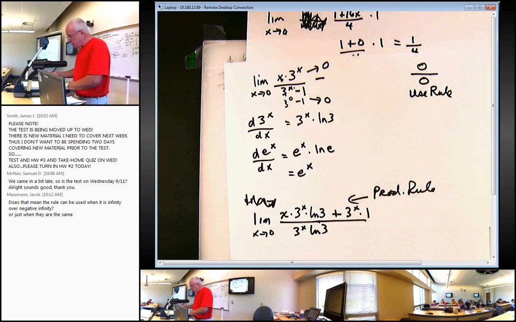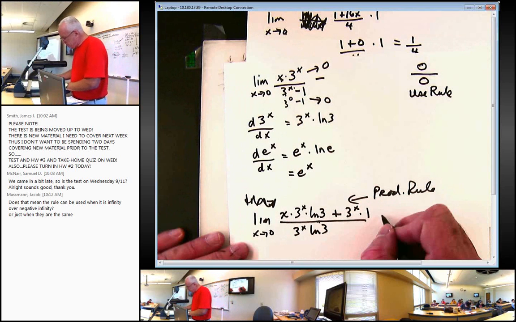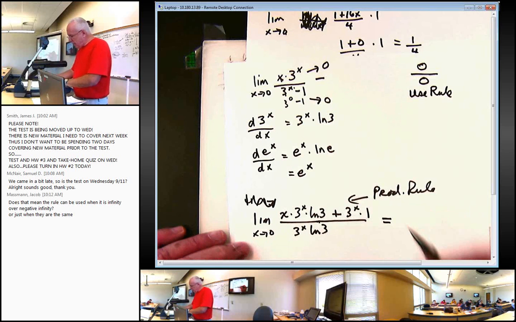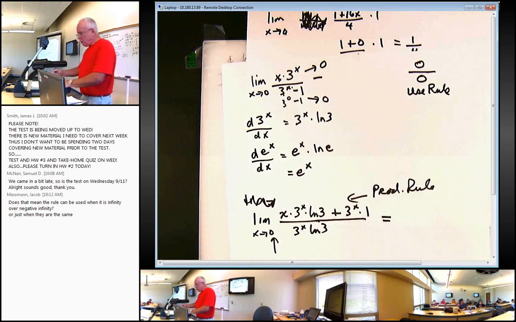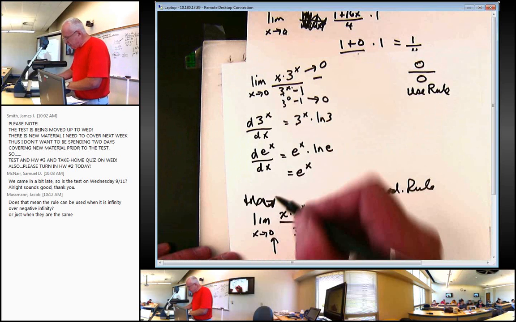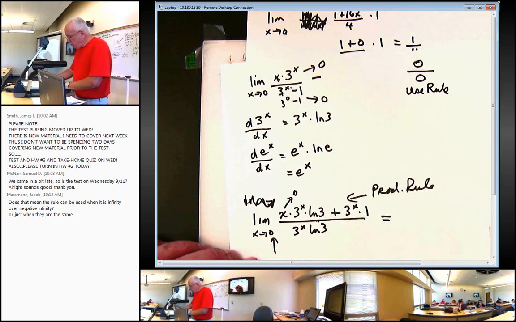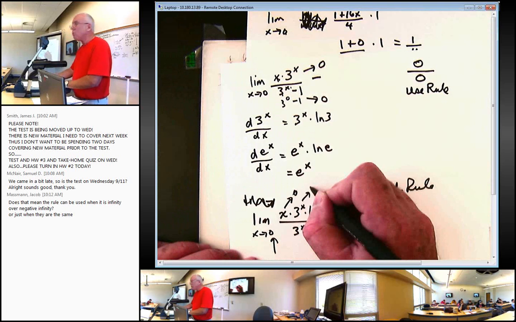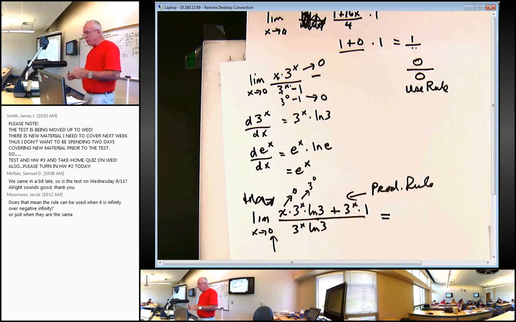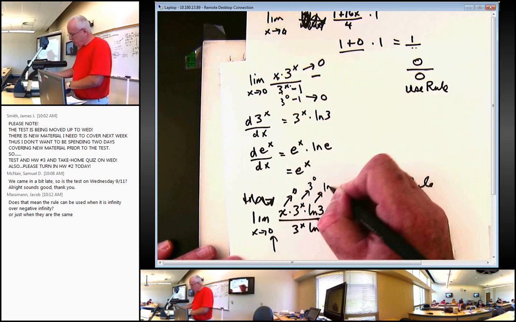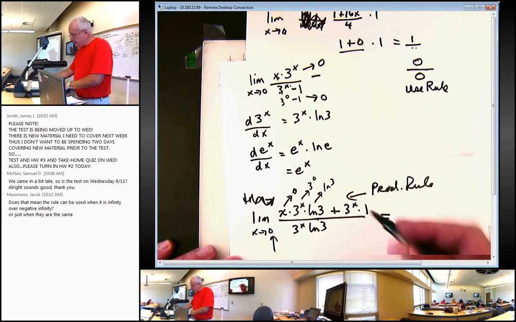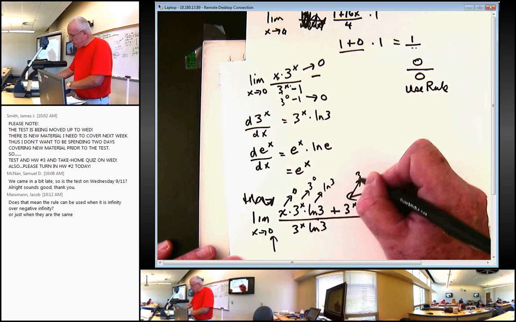Okay, let's see what happens when we plug in 0 for x. Well, x is going to give us a 0. 3 to the x is 3 to the 0 power, which equals 1. That's going to stay the ln of 3.